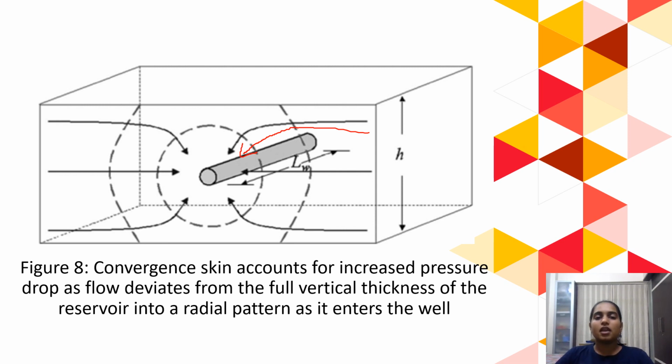This convergent skin is defined in terms of the ratio of permeability in the x direction, which is perpendicular to the wellbore, to the vertical permeability. It also involves the distance to the nearest vertical boundary, small dz, and the net pay thickness, h.